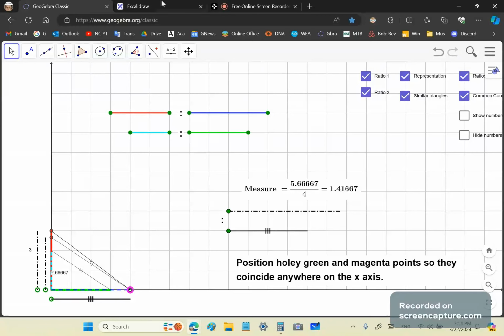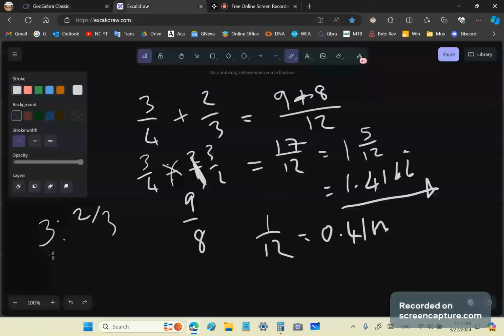Okay, so essentially you're saying 3 divided by 2/3, which is 9/8, if I've done my arithmetic right. So we said 3/4 divided by 2/3. Yeah, that's 9/8.